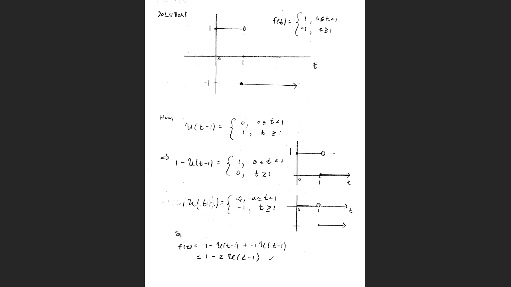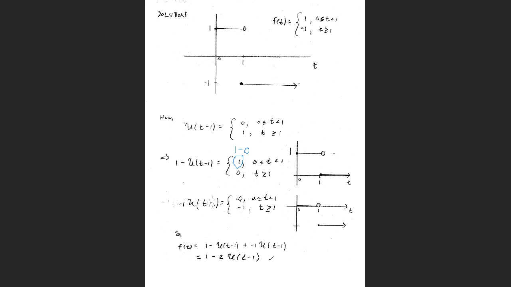So how am I getting the 1 here? Well, that comes from 1 minus 0. Okay, let me write it again here. How am I getting this 1? That comes from 1 minus 0.